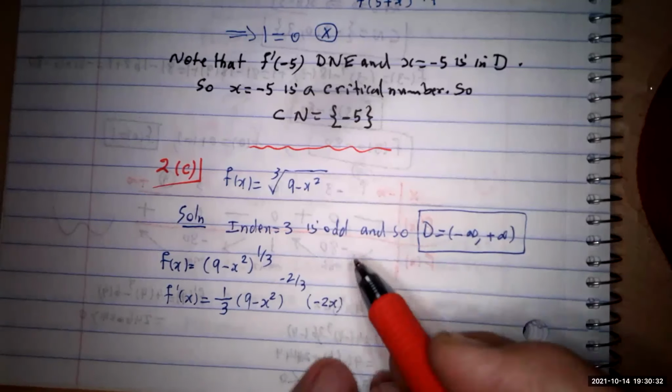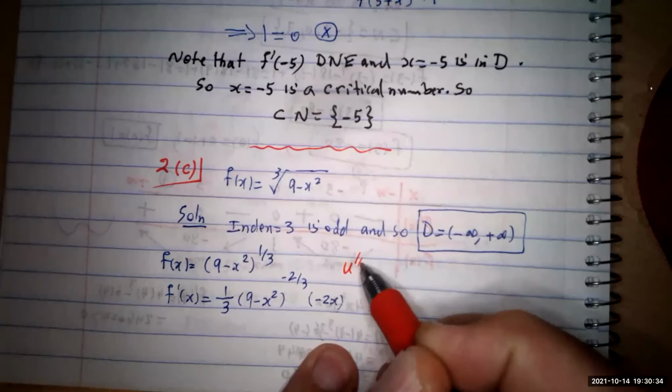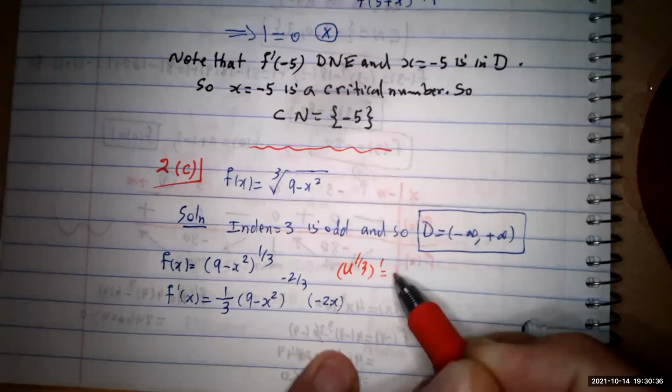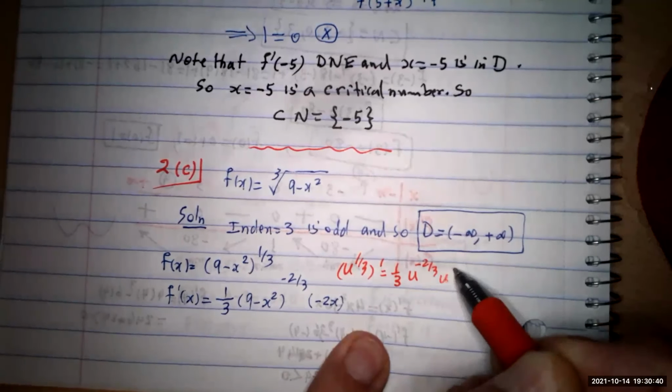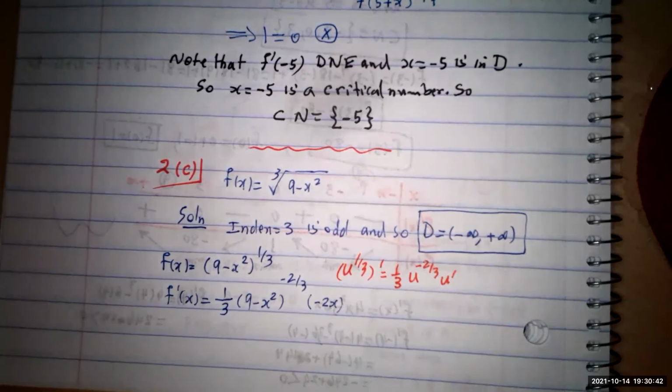You see, that's a chain rule. U to the 1/3, bring it down. U to the negative 2/3, times u prime. You see, the derivative of a function like 9 minus x squared, you don't need any theorems to take care of this one. Derivative of 9 is 0, derivative of x squared is negative 2x.